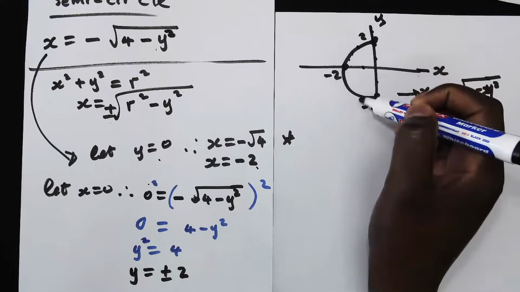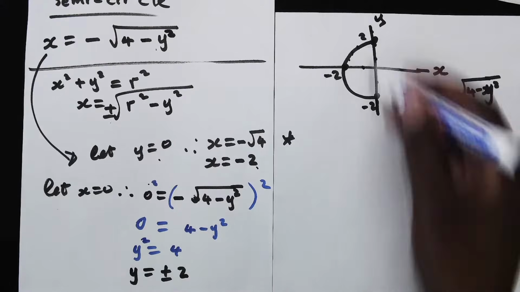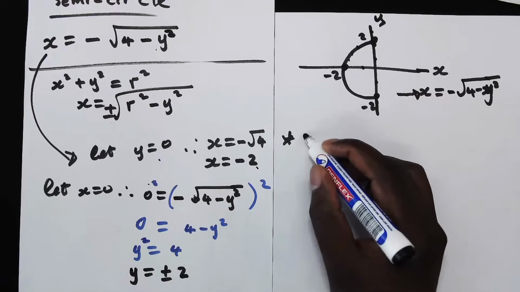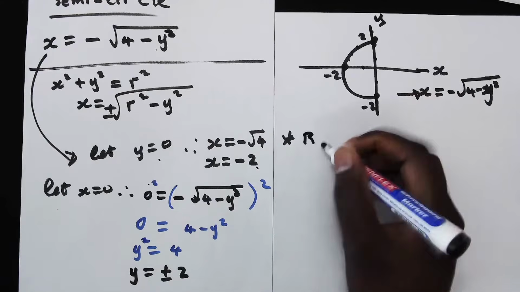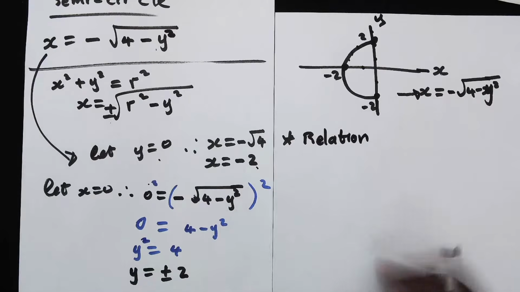Even at -1, when x is -1, the square will be 1, then we'll have 3, so y will be plus or minus √3. It is a relation, because we have two values of y produced by one x value.